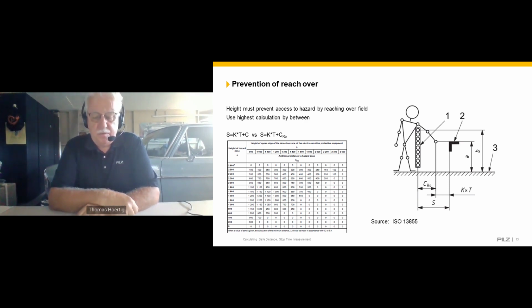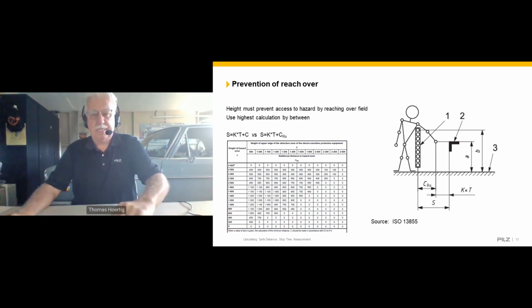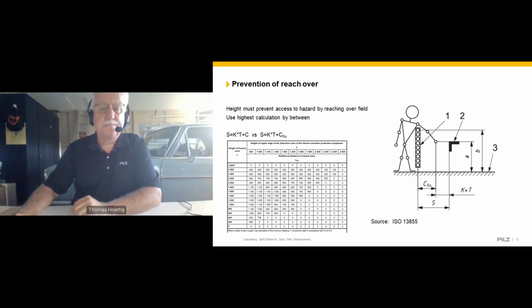In the standard 13855, there are tables where you take the measurement of the highest beam of your protection device. That's measurement B, and we will get into examples in the following slides. Then you have the height of the hazard zone, which is A, and where A and B cross in the table, if there's a value, you have to add an additional distance, or you may not. We will get into some examples later on.